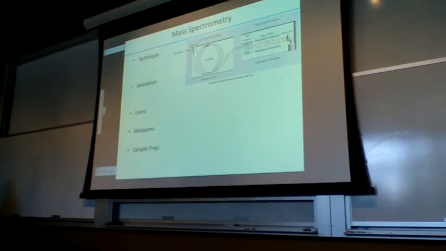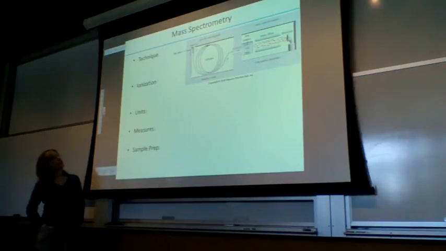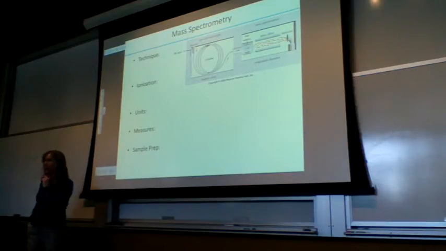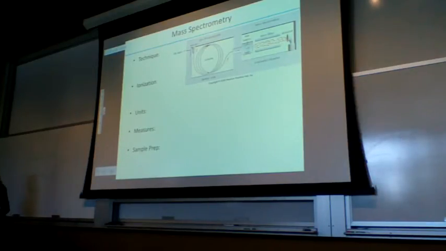We have a GC mass spec on campus here, which has a gas chromatograph before where you inject it in, and then it goes through this column and it separates out your compounds, and then it detects the ions. And so we're looking at detecting individual ions.